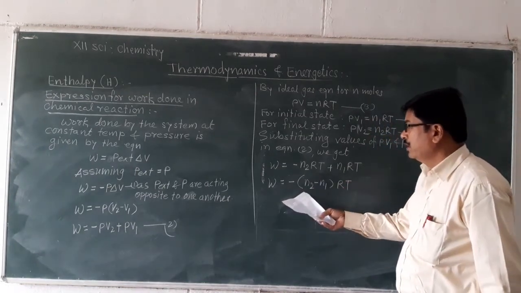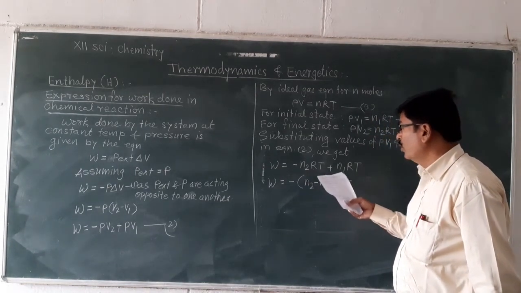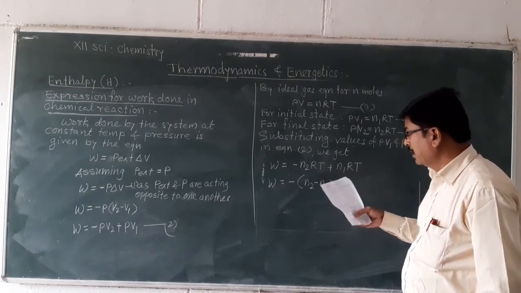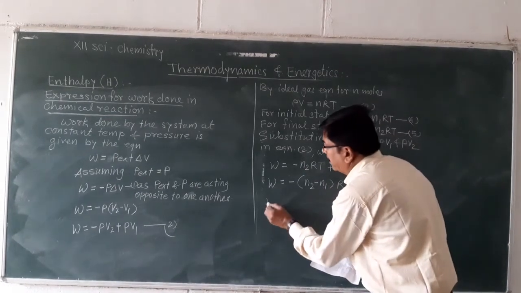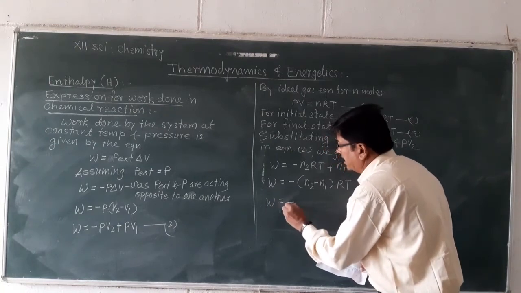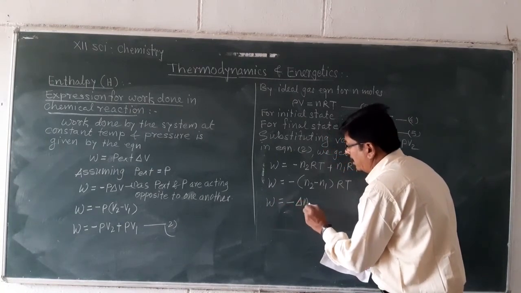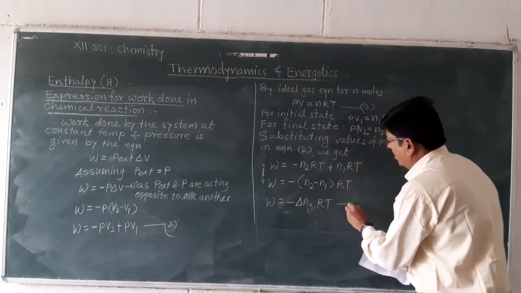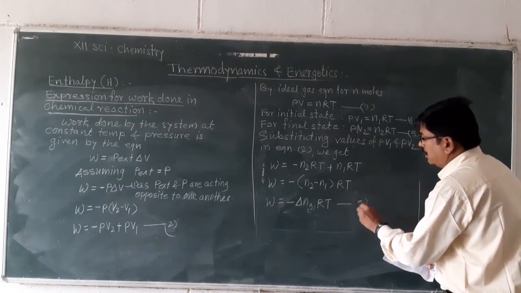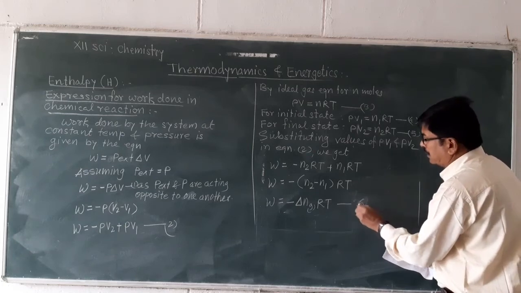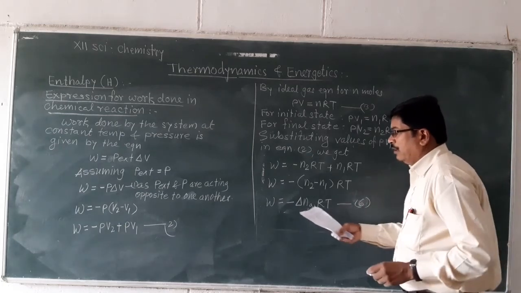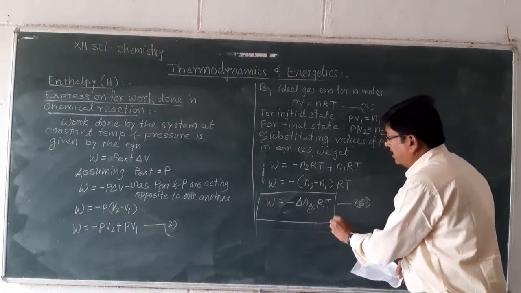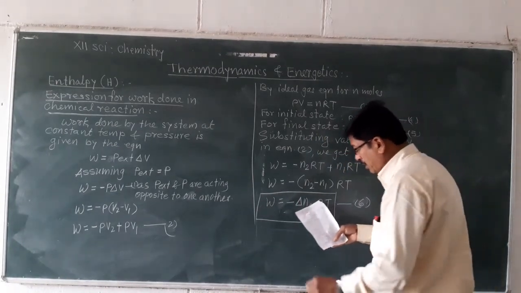This equation is written directly. First of all, change the signs and you will get this equation, and finally you will get minus delta Ng RT. This is equation 6. This is the mathematical expression for work obtained in a chemical reaction.